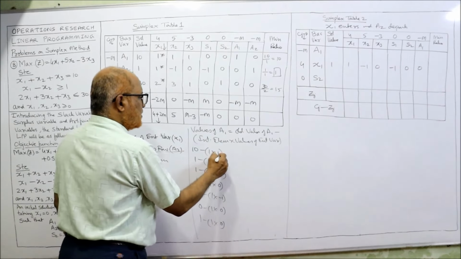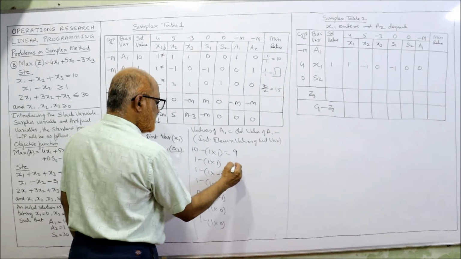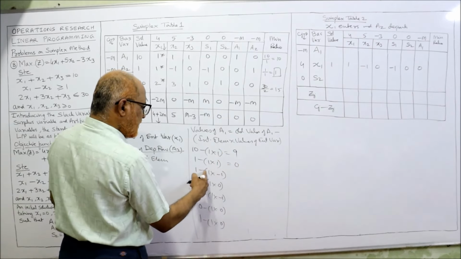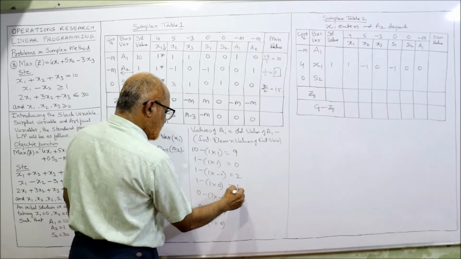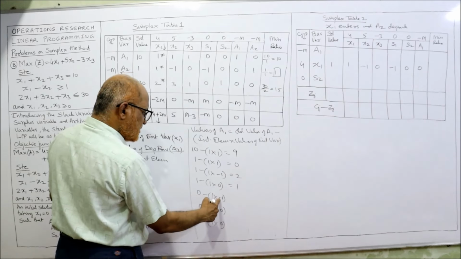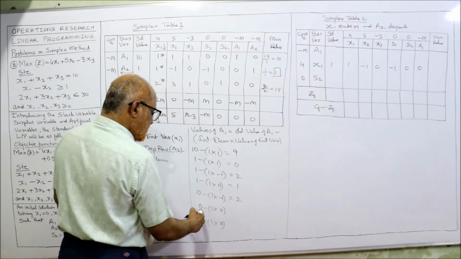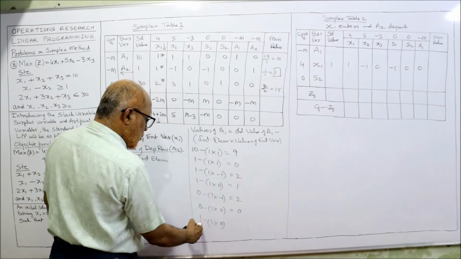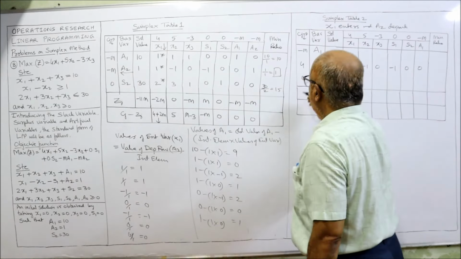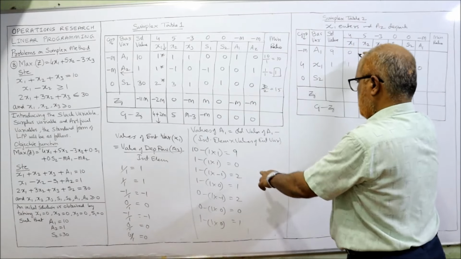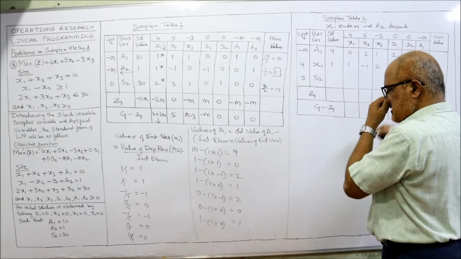So 10 minus 1 is 9. 1 minus 1, 0. 1 minus into minus becomes plus, 1 plus 1 is 2. 1 minus 0, 1. 0 minus minus becomes plus, 0 plus 2 is 2. 0 minus 0 is 0. 1 minus 0 is 1. We got the values of A1: 9, 0, 2, 1, 2, 0 and lastly 1.